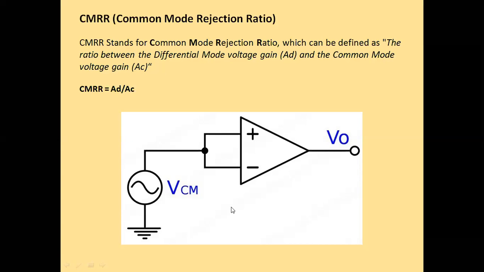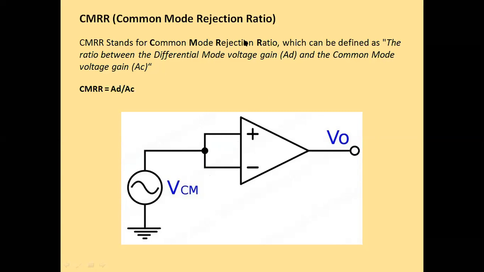From this circuit it is clear that we have shorted the non-inverting terminal and the inverting terminal, and applied a common voltage, and the output we will get, after converting into gain, we call it the common mode voltage gain represented by AC.